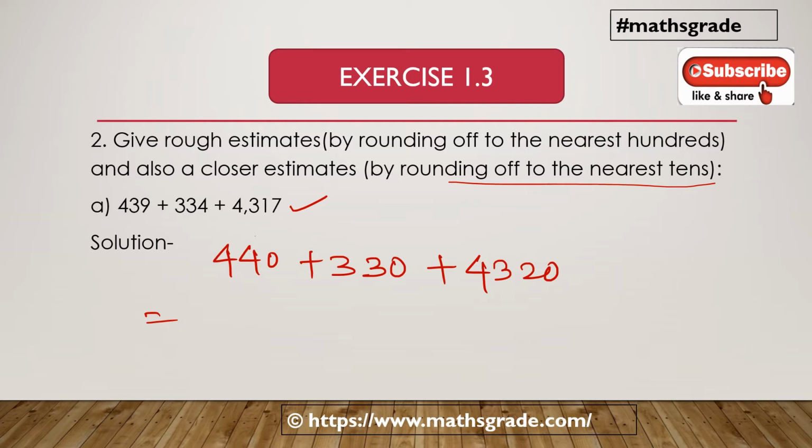Now we add these numbers, 440 plus 330 plus 4320, which is 5090. So the estimated sum of these numbers 439, 334 and 4317 is 5090.